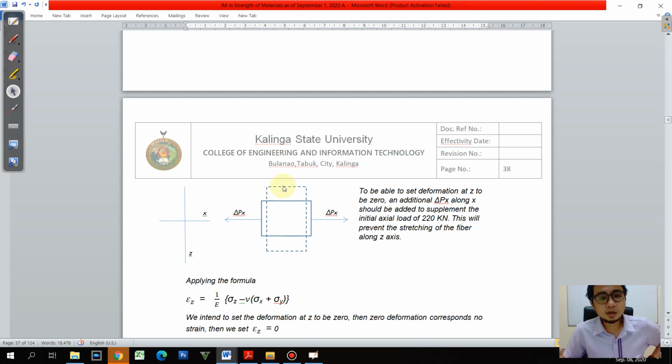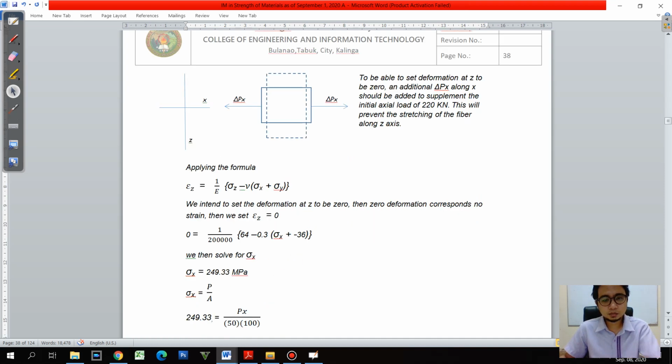What is the reverse of tensile? Compression. So we are going to reverse that by having a tensile force here. What elongated earlier, we compress now so that it goes back to the original.